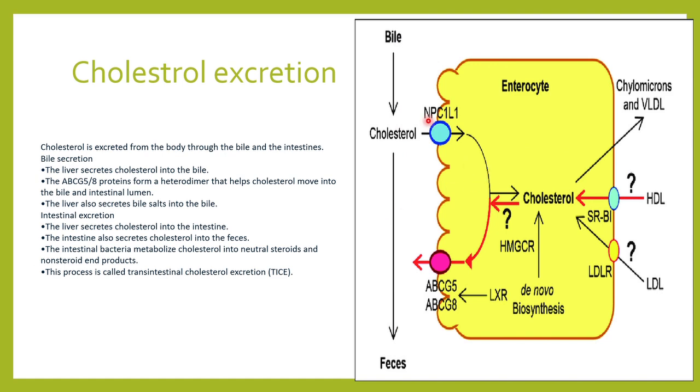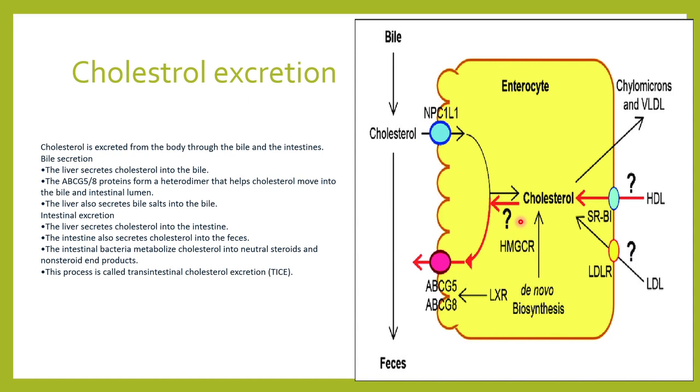When I say bile secretion, the liver will secrete the cholesterol into the bile. So the liver, which is the main source of this cholesterol formation, will secrete this cholesterol into the bile. And the proteins ABCG5 and ABCG8 help this cholesterol to move into the bile and into the intestinal lumen. The liver will also secrete bile salts into the bile. And in the intestine, what happens?